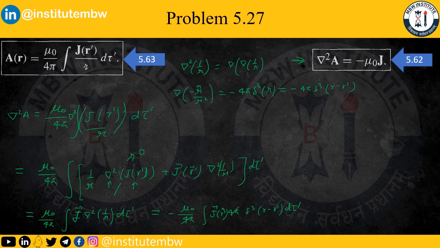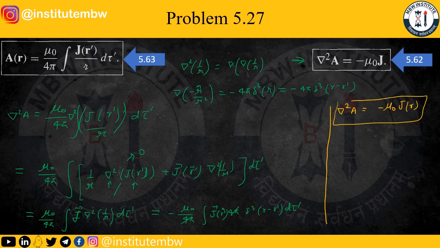So when I integrate it, because we are integrating in the primed coordinates, the primed coordinates will be replaced by unprimed. So that will be del square A is equal to minus mu naught, and when you use this property, r dash will be replaced by r, so this will be J of r. So this is equation 5.62.